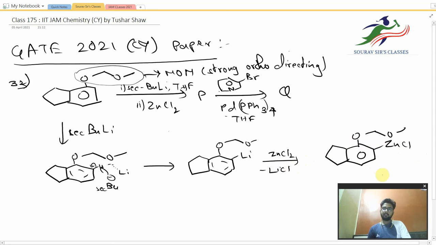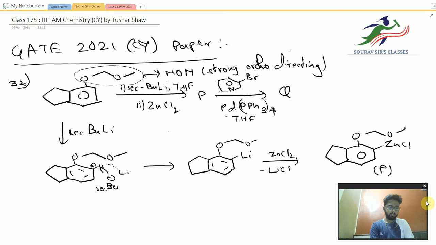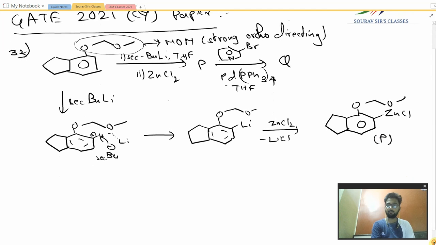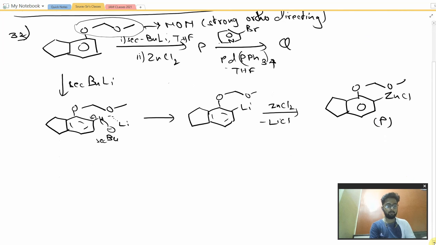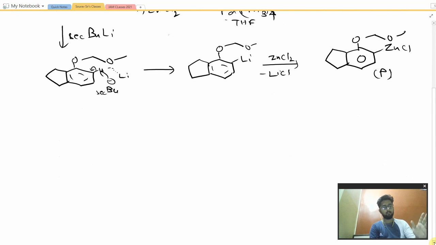So this is the product P which is formed. Now in the options you can see that only option B has this product, so we already know that B would be the correct answer. But before judging the answer so quickly, let us solve for Q and see whether Q also forms the same or not.